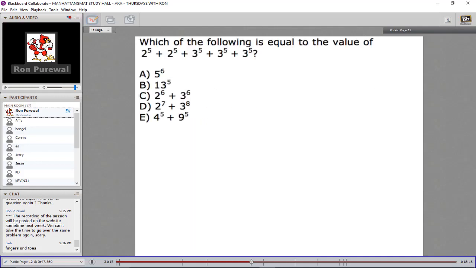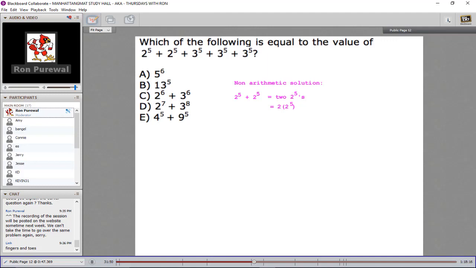Like the non-arithmetic solution, if you have 2 to the 5th plus 2 to the 5th, then this means you have 2 times 2 to the 5th.